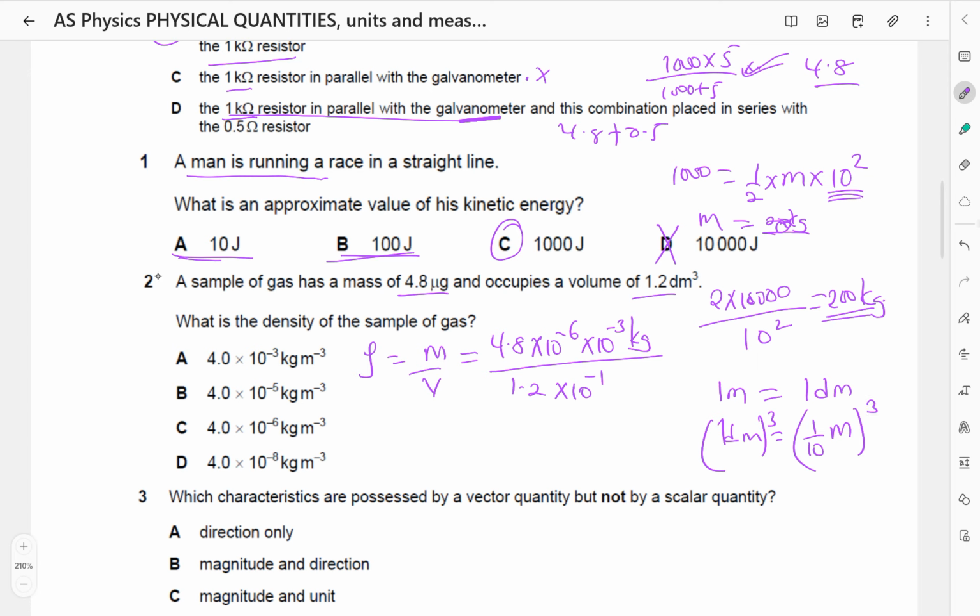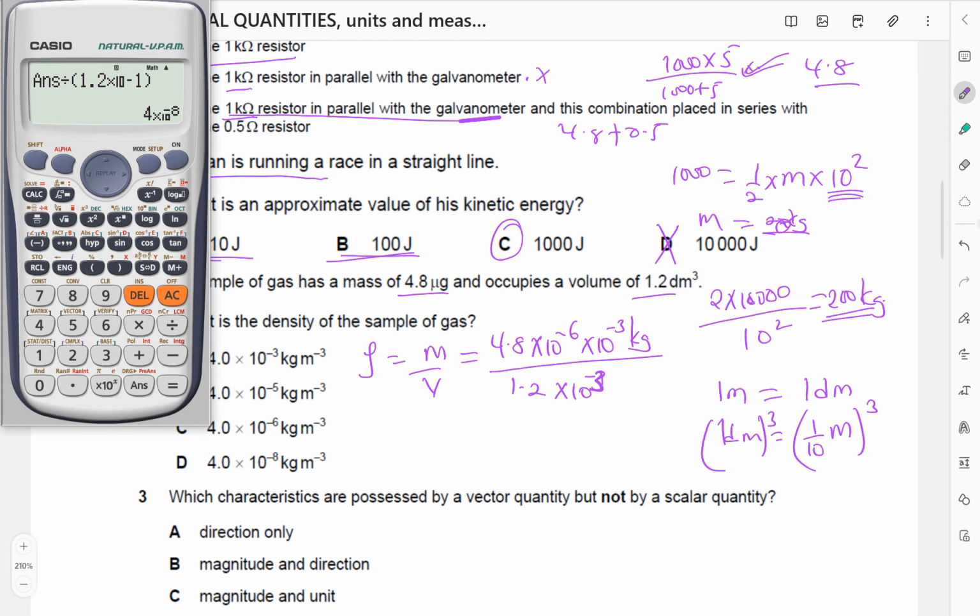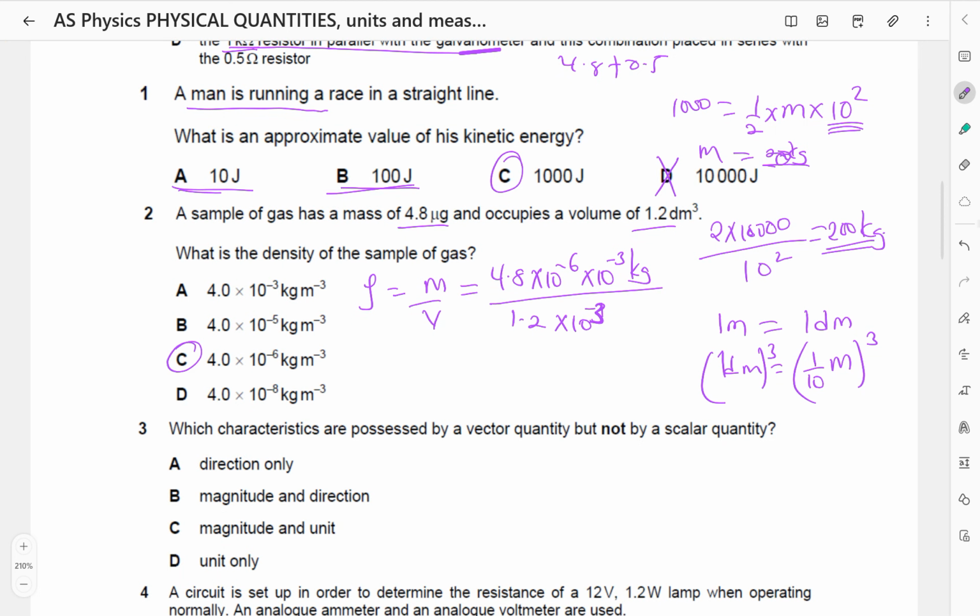So 1 decimeter cubed is going to be 10 power negative 3 meters cubed. So the answer is going to be C.